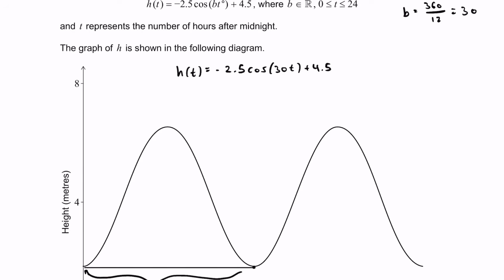So normally we would have some function f of x is equal to a cos bx plus d. And here they're asking us to find the amplitude and the principal axis.